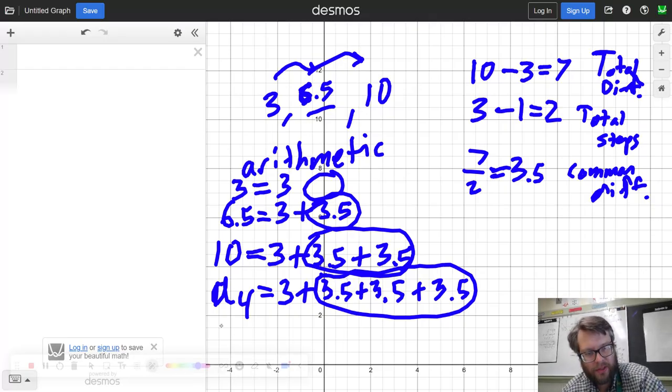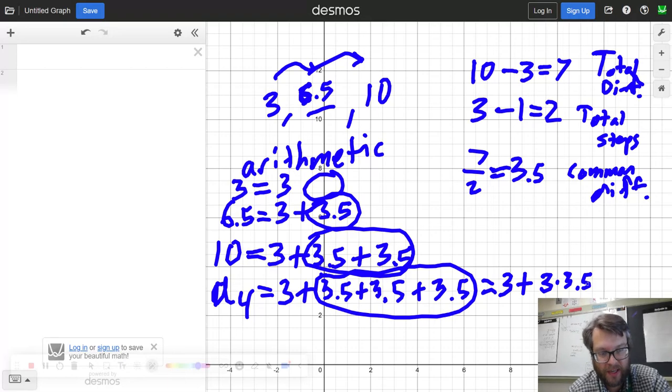There's got to be a way to shorten this instead of just writing out plus 3.5 over and over again. For the fourth term, I could shorten it by saying I'm doing 3 plus 3 copies of 3.5. I'm adding 3.5 3 times, which is the same as adding 3 times 3.5.